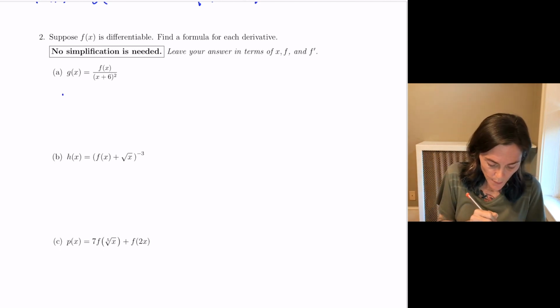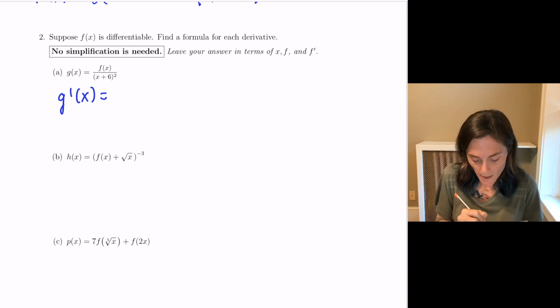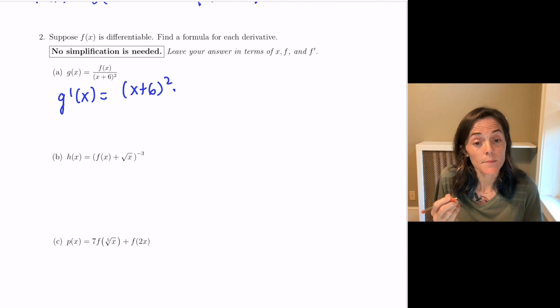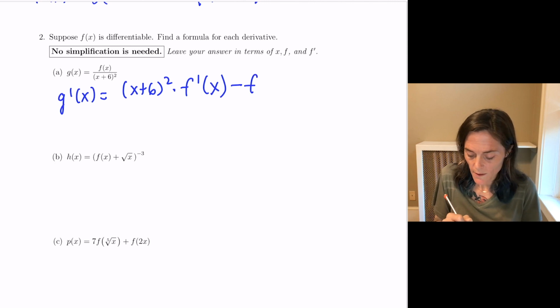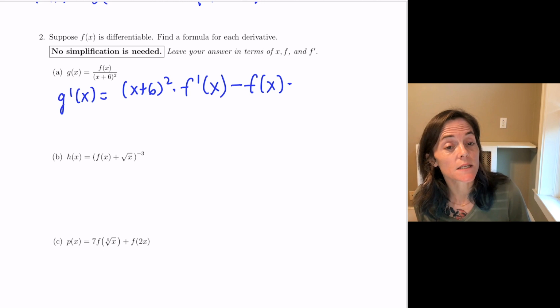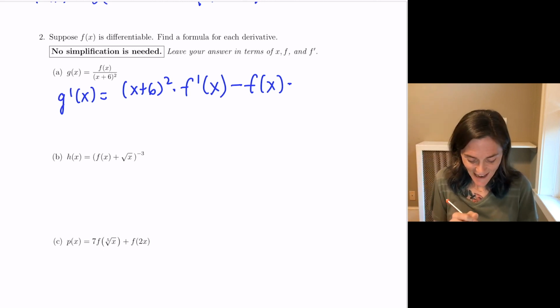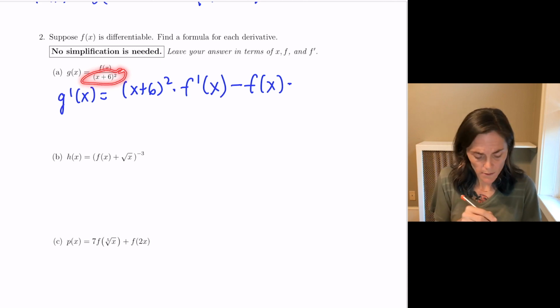So g prime of x, we have denominator times the derivative of the numerator minus the numerator times, when you differentiate the denominator, technically, this is chain rule. Let's write it.